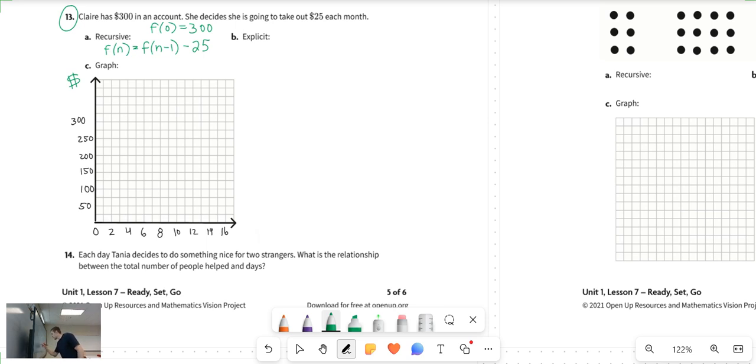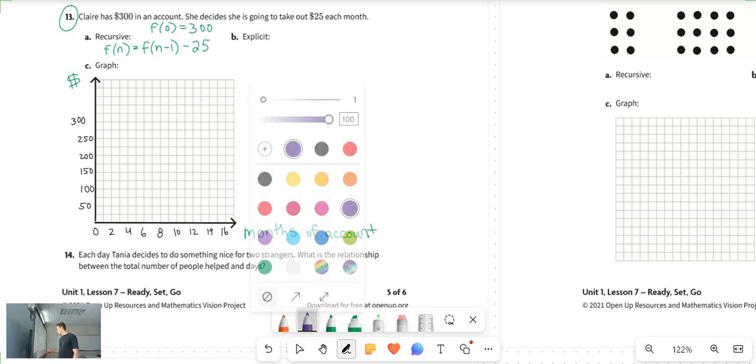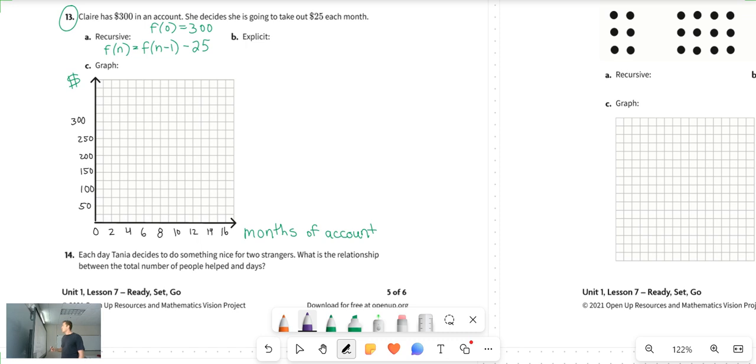And then this is months of account. So that's good. There we go. So our recursive is done and our labels are on the graph. That's good. So now we switch over to our purple to write our explicit.